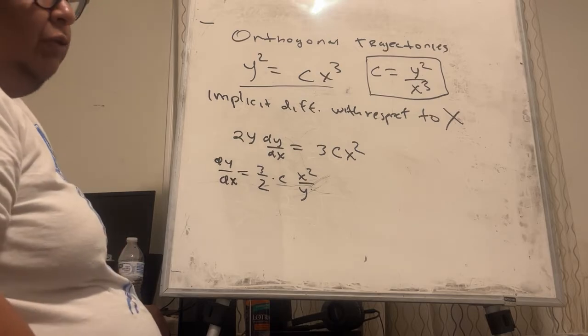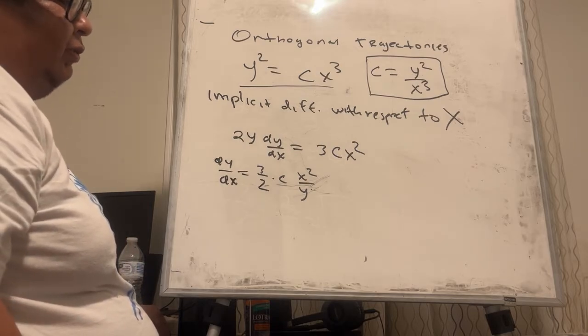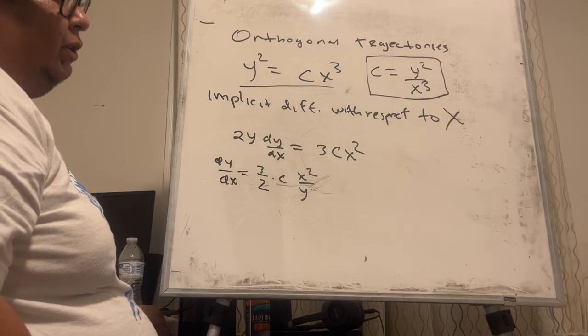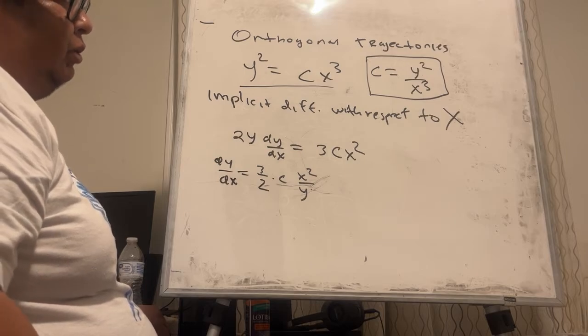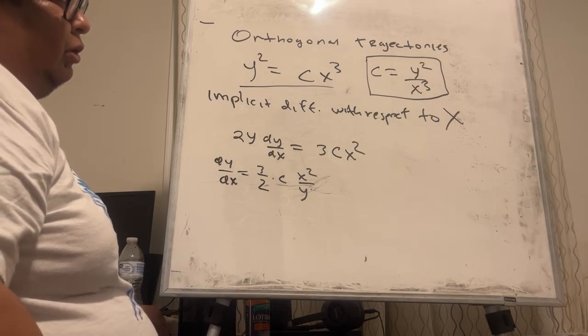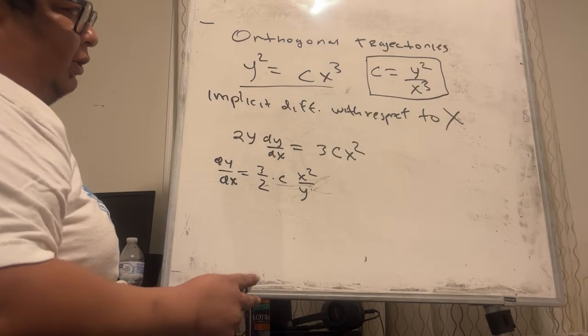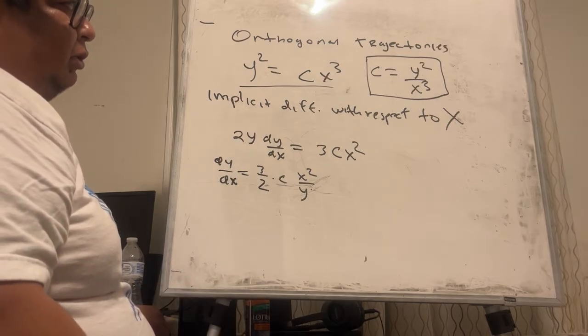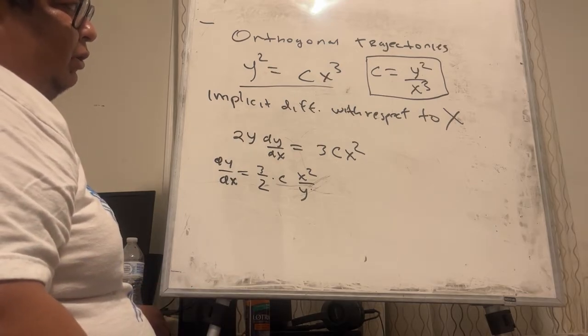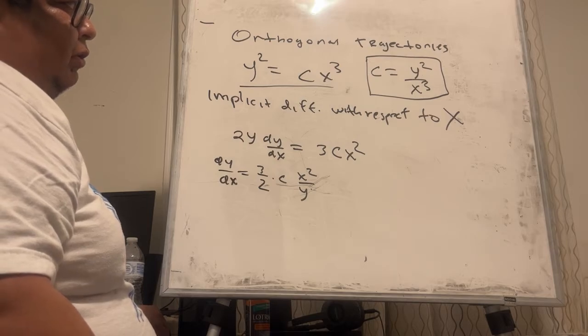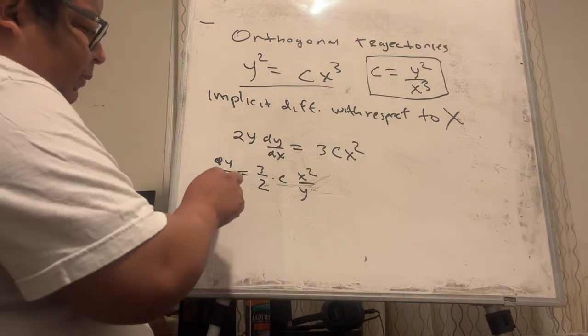Remember, from algebra we know that the slope of the orthogonal would be the negative reciprocal of the slope.